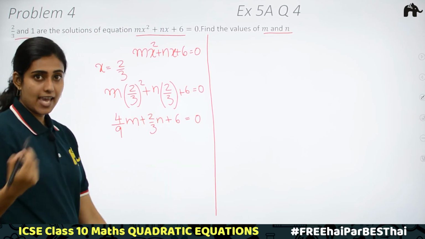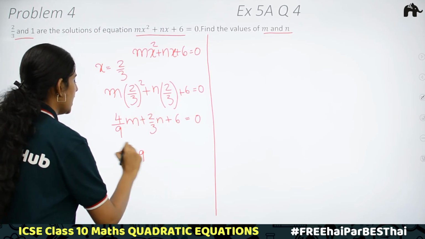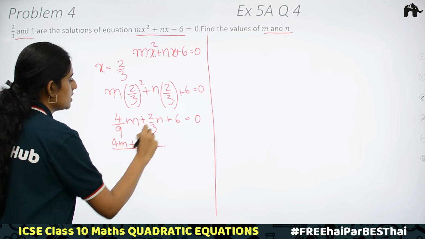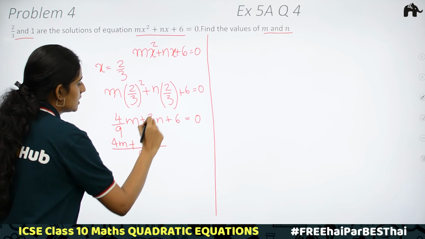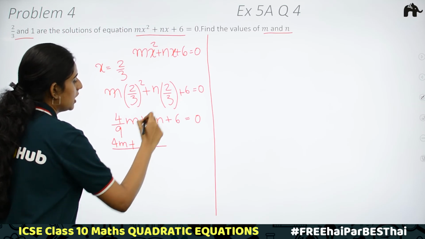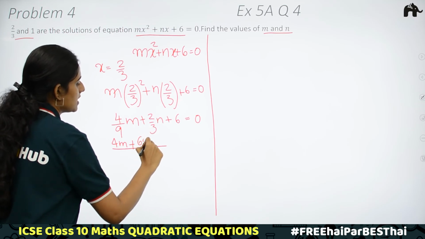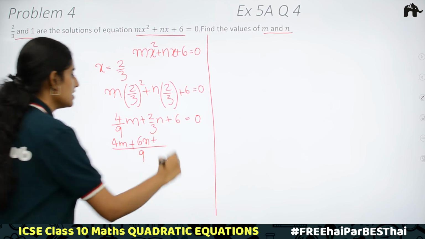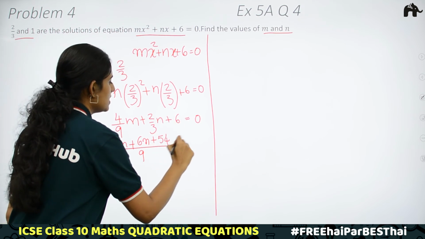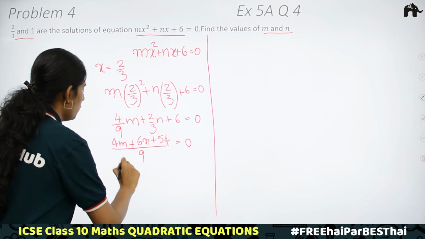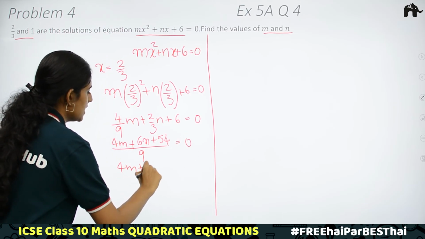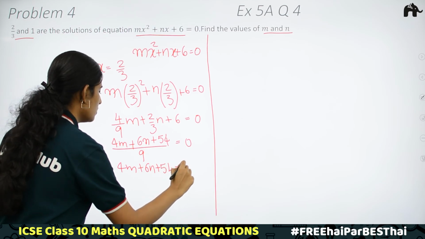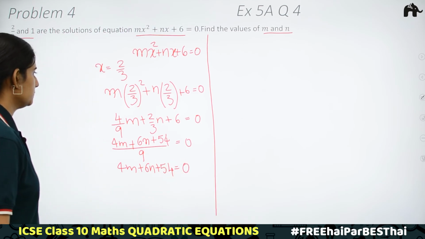Taking LCM, we get 9 in the denominator, 4m plus 3 into 2, you get 6n plus 6 into 9, that is 54, is equal to 0. 4m plus 6n plus 54 is equal to 0.